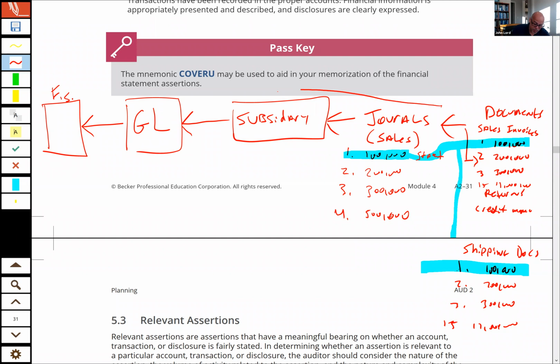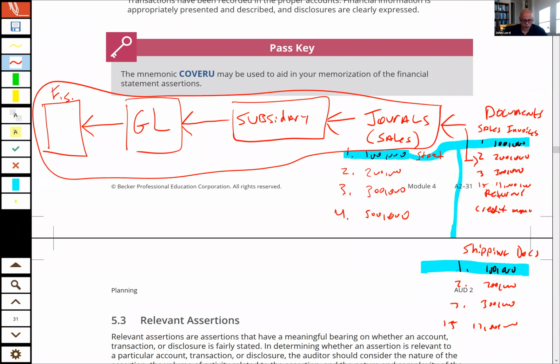I mean, when you look at procedures sometimes that are written in audit textbooks, they act like this is the key procedure: reconcile the financial statements, general ledger, subsidiary ledger, journal, and they call that out as some big step. If I can't reconcile the financial statements to the GL, the audit is over. I tell the client, here, take your stuff back and go figure out what's going on.